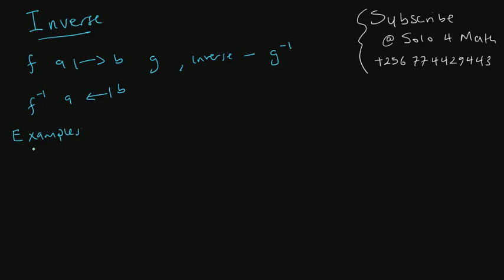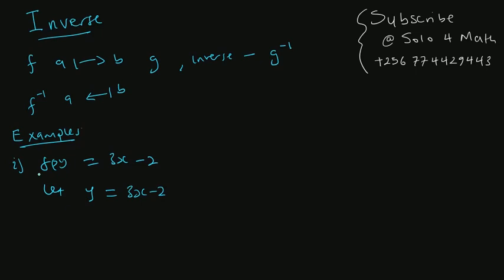How do we find the inverse of a function? Given a function f(x) as 3x minus 2, first of all, we begin by letting y be equal to 3x minus 2. You can choose any unknown.